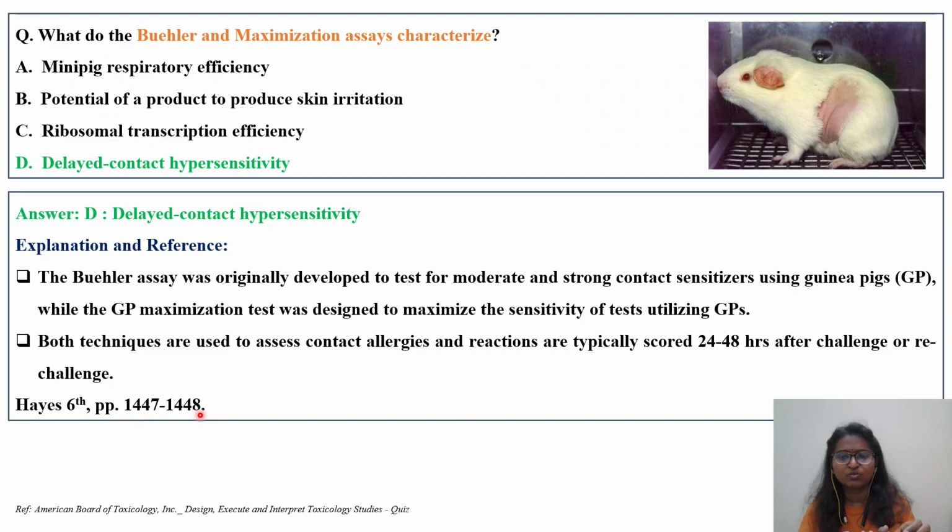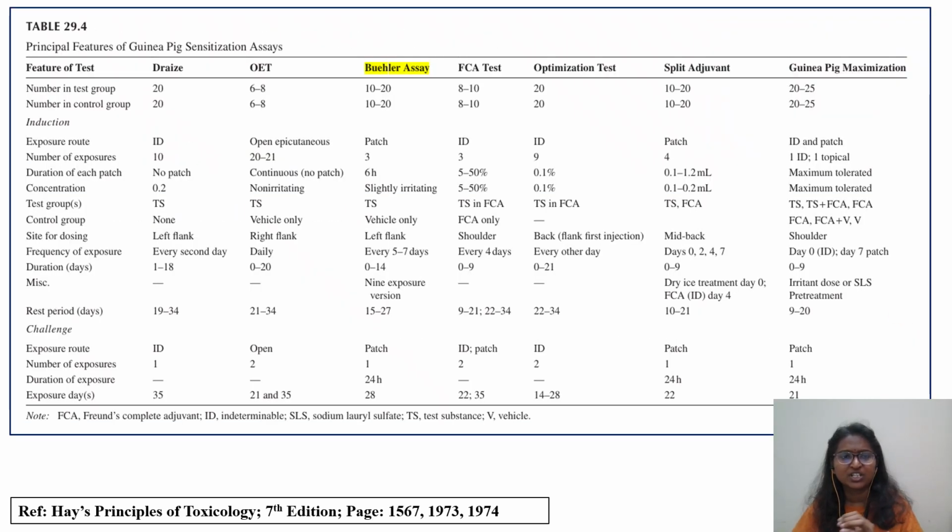I do not have the same edition, so I discuss the Buehler and maximization assay in a generalized way. Sorry, I have the 7th edition of Hayes' Principles of Toxicology. Please go back and check pages 1567, 1973, and 1974.